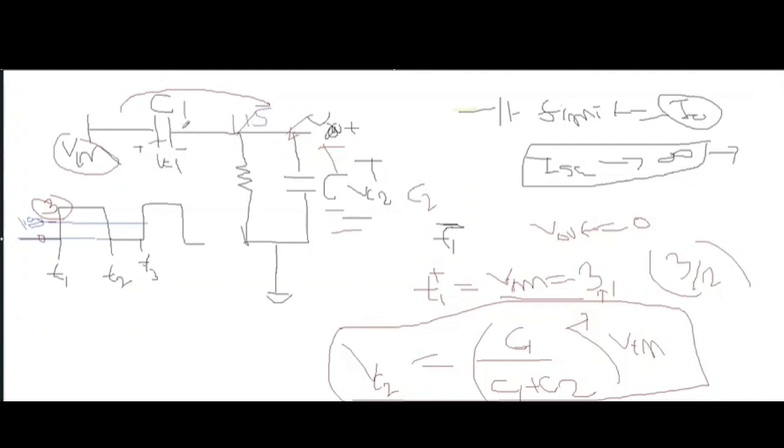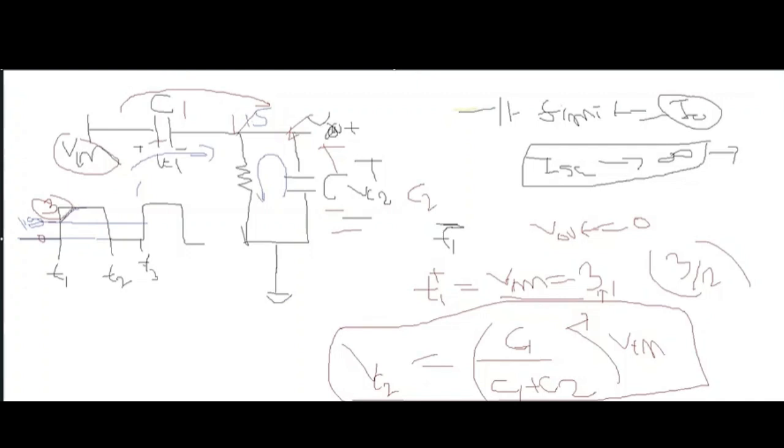VC1 starts charging, and VC2 starts discharging. The voltage across C1 starts charging and is trying to reach 3 volt.